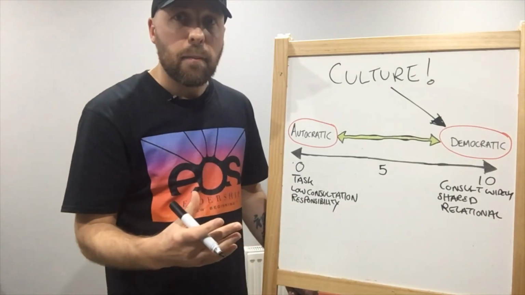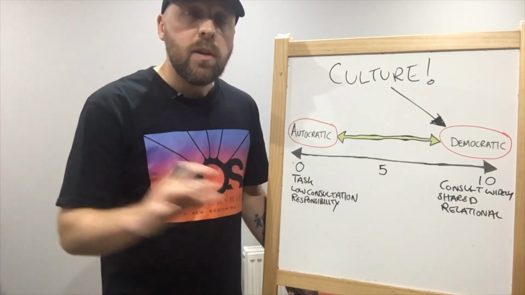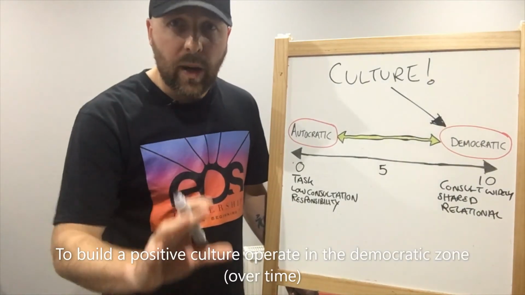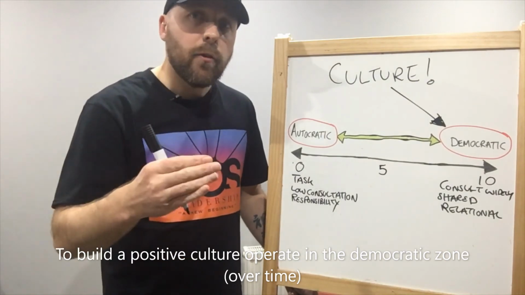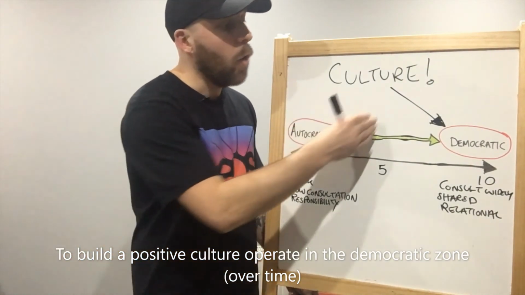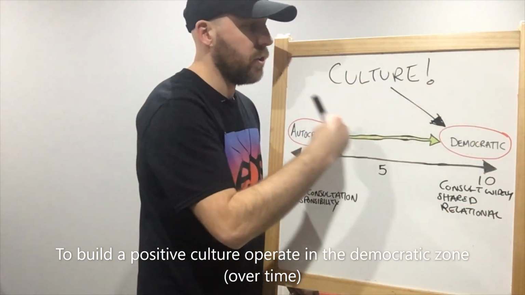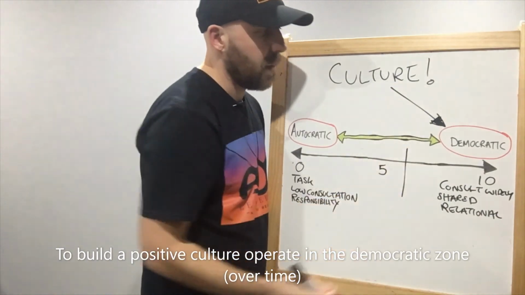That means that you will get buy-in, you consult widely with the team, you meet regularly with the team, you review regularly with the team, you harvest feedback from the team, therefore they take their signals from you, they do that with each other, and over time you will build a positive culture by operating more towards this democratic zone.